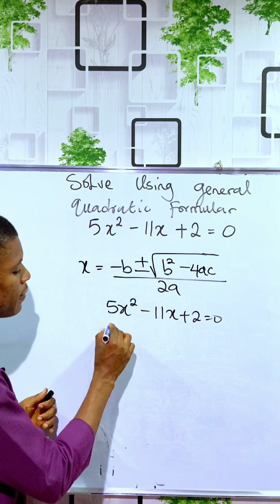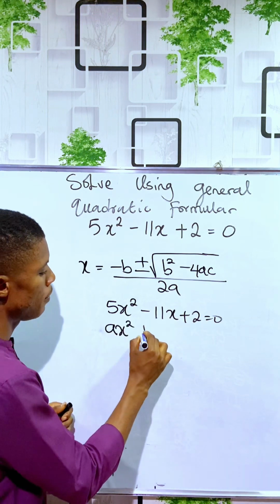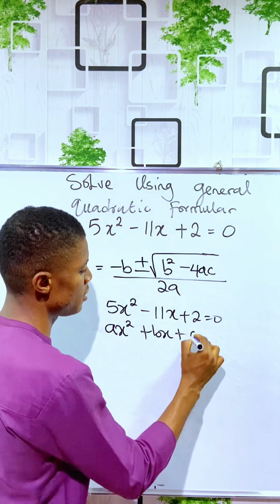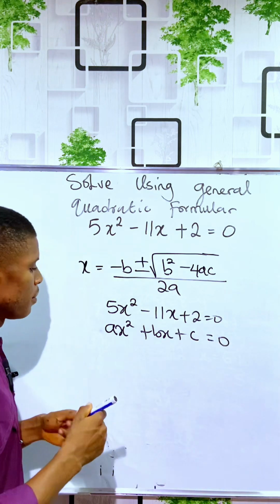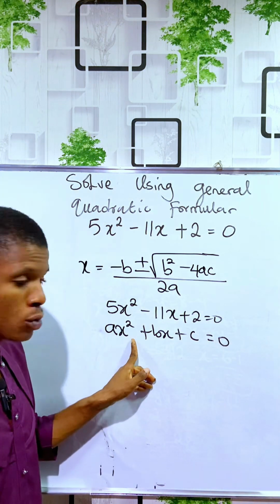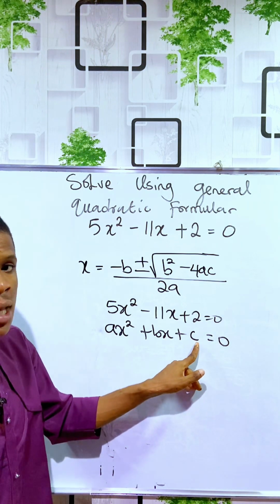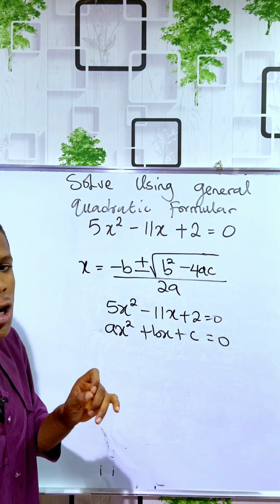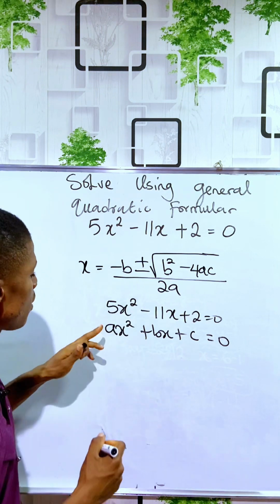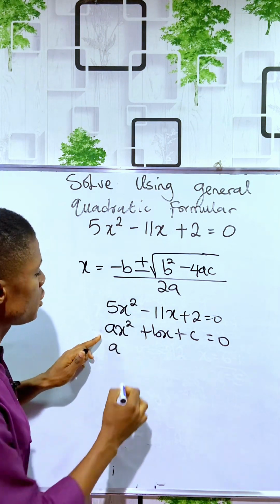The general quadratic equation is ax squared plus bx plus c equals 0.